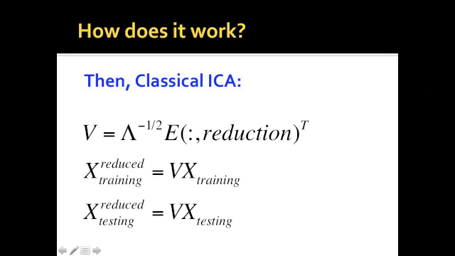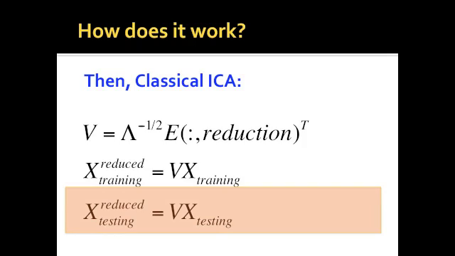Classical ICA works with the whitening and dimension reduction at the same time. We calculate the whitening matrix with the square root of the eigenvalues and the most important eigenvectors, and projected the training and testing matrices onto the same whitening subspace. This part is very important too.